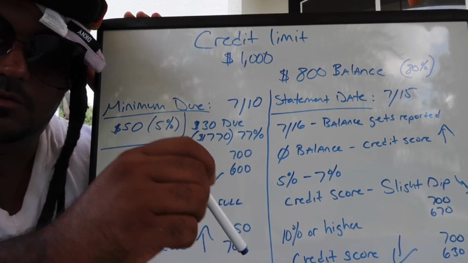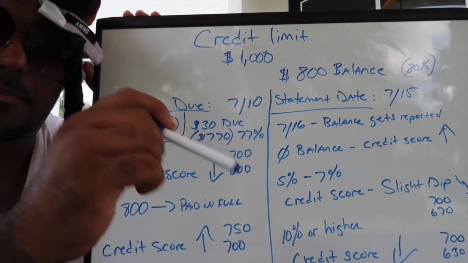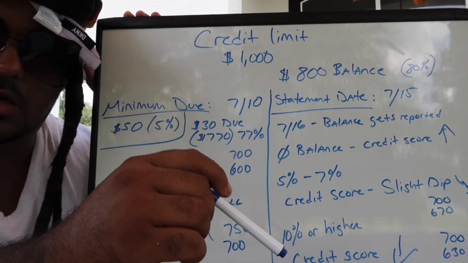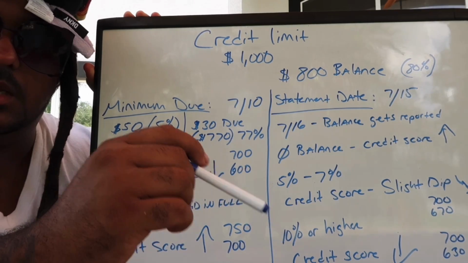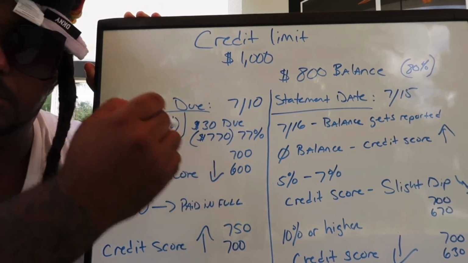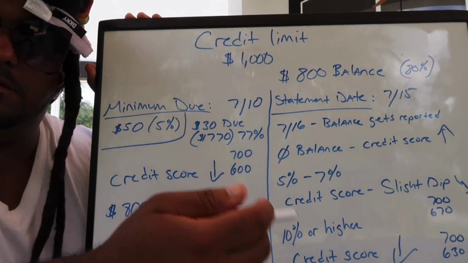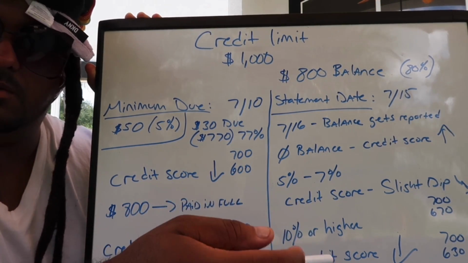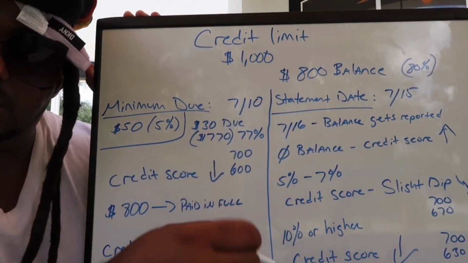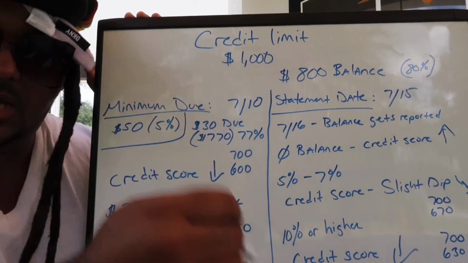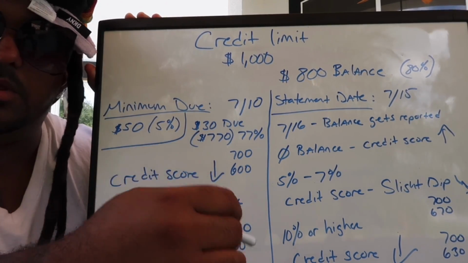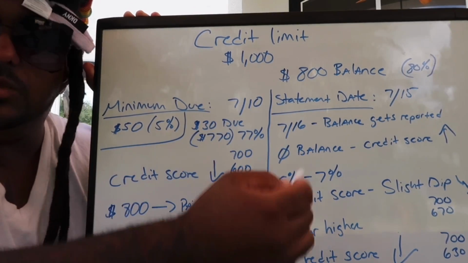When we talk about your minimum due date and your statement date, for those of you that have credit cards, you can pause this video right now and pull up your credit card statement. Look for your minimum due date, which is when they require that minimum payment, whether it be $30, $50, $100, $150, whatever the case is, and then your statement date. Print it or pull it up on your phone, and find these two dates.